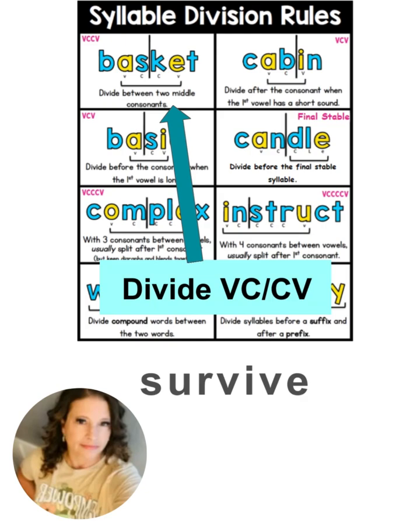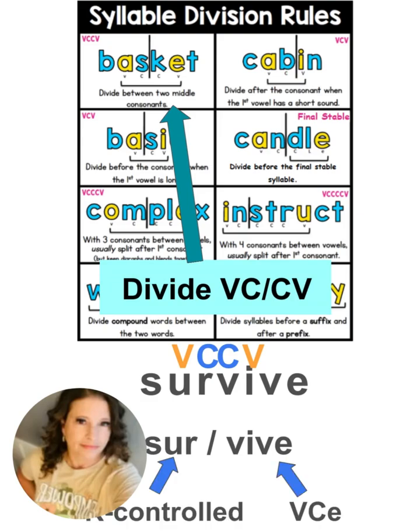I'm going to label this one again. This one is also a vowel, consonant, consonant, vowel. So I'm going to divide the word between the two consonants, just like we did in the last one. And then I recognize that the SUR is R-controlled.